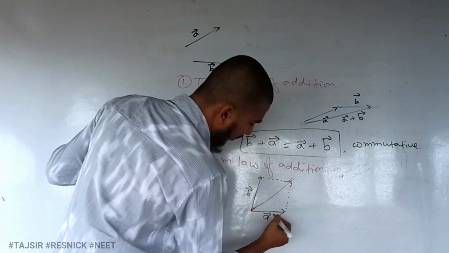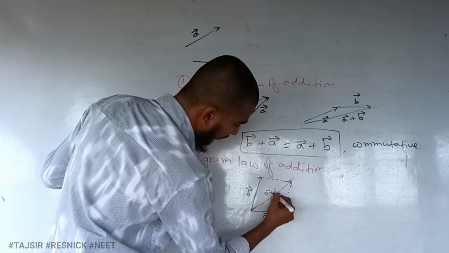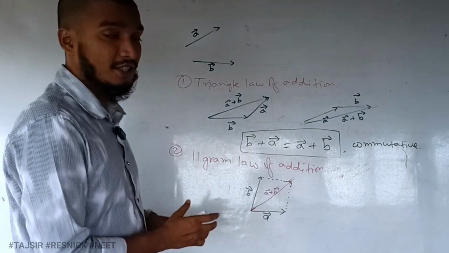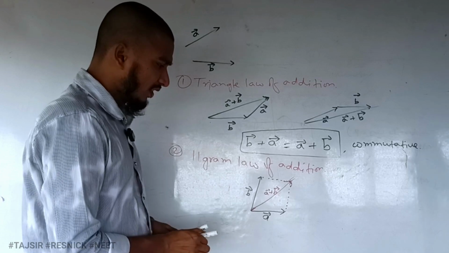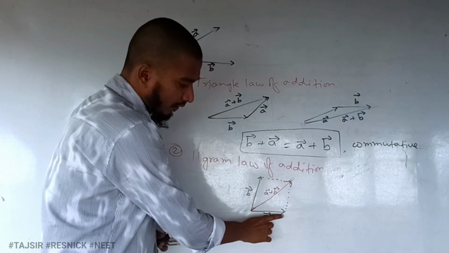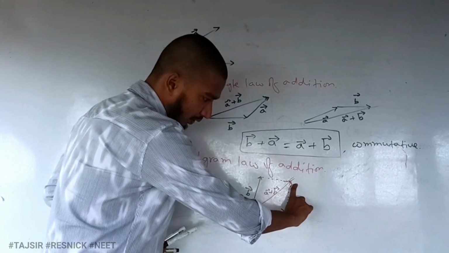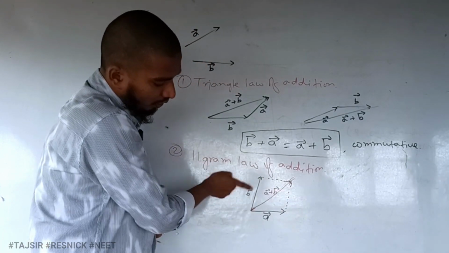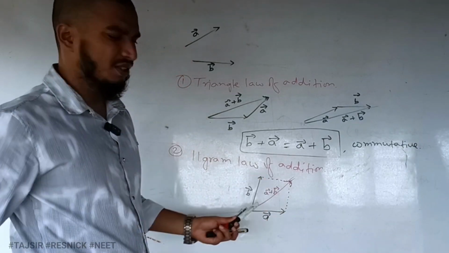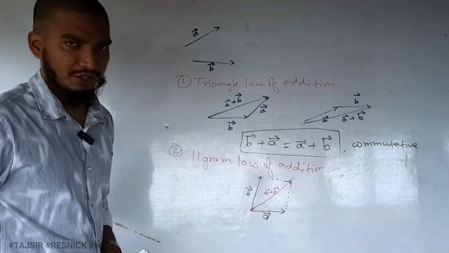This diagonal gives A plus B. If you observe, it is similar: on the head of A we have put B, or on the head of B we have put A. So this is basically derived from the triangle law of addition.